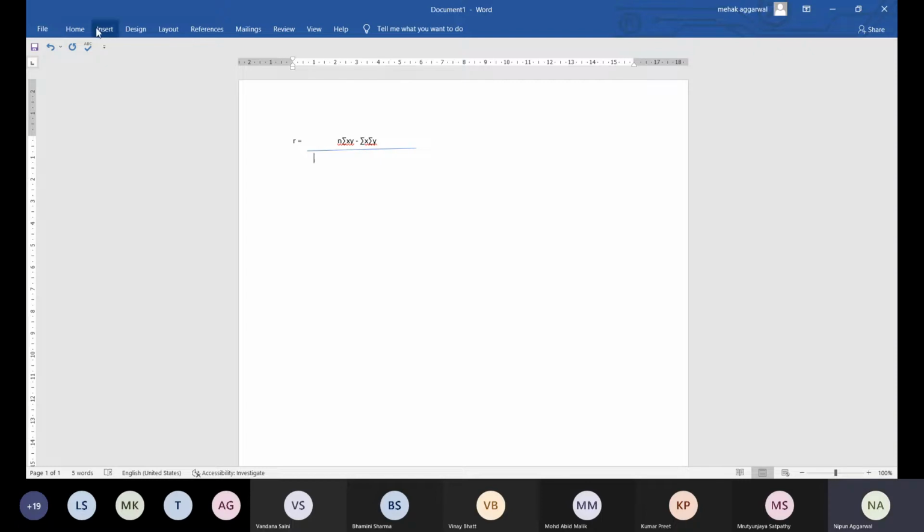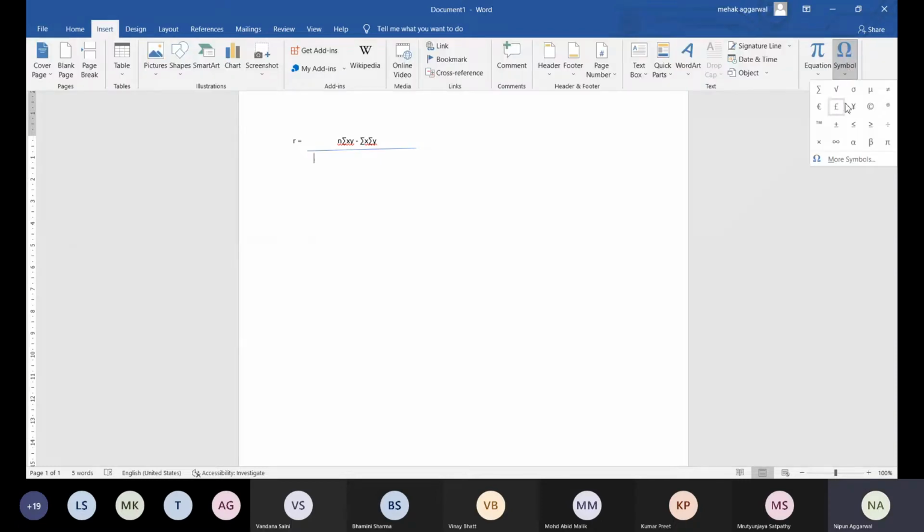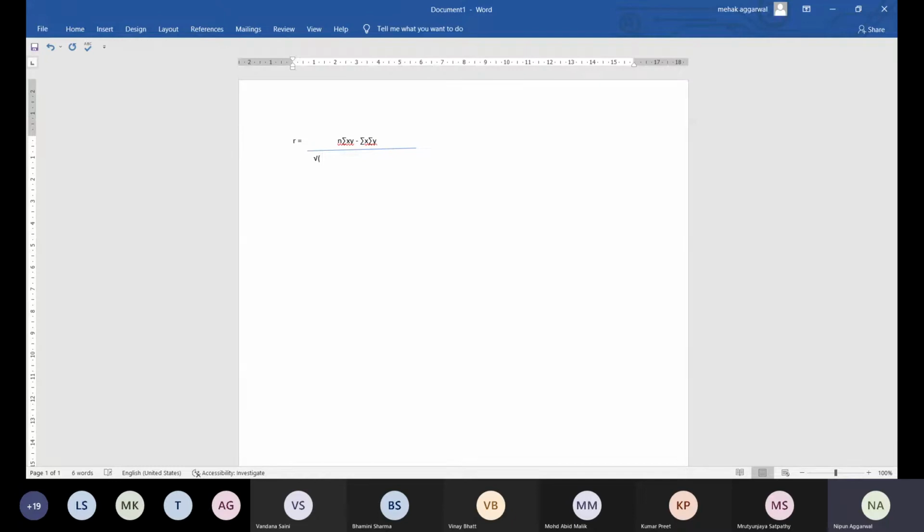under root of summation x square minus summation x whole square. Fine.